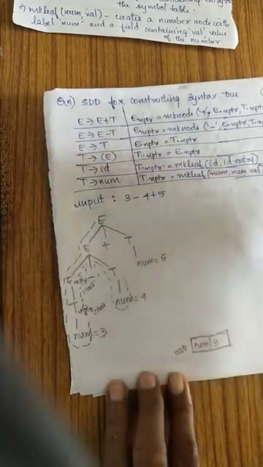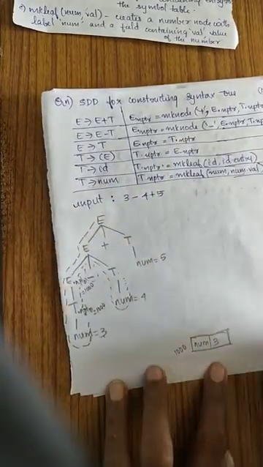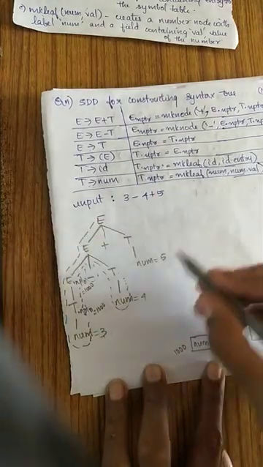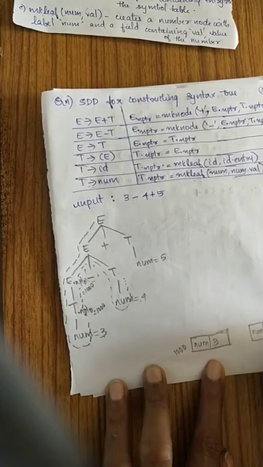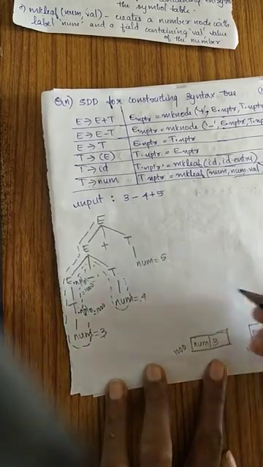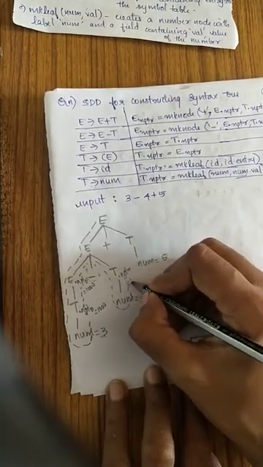Now come to another reduction, number to T. So again I have to make a leaf node with the number. Here the number is 4, and I have assigned a 1010 memory address. So this T.nptr gets the value 1010.